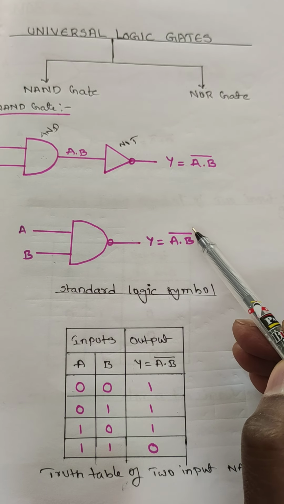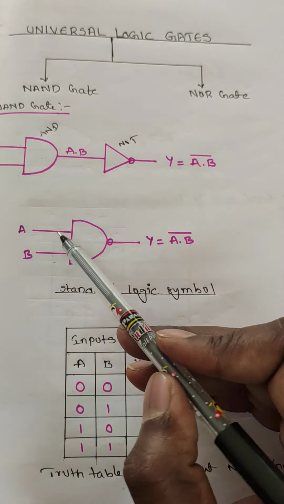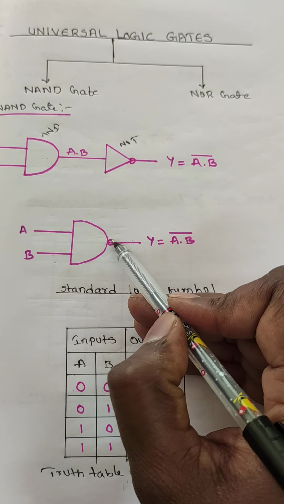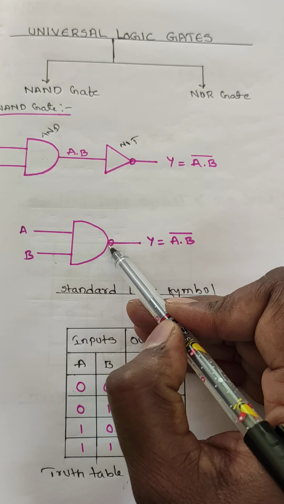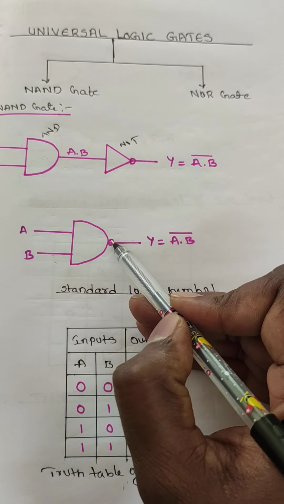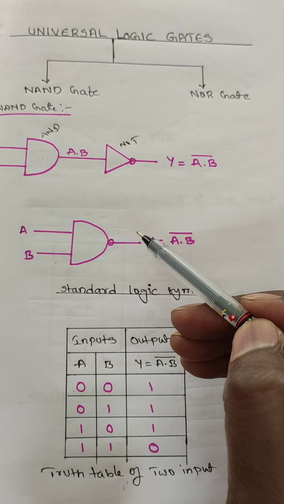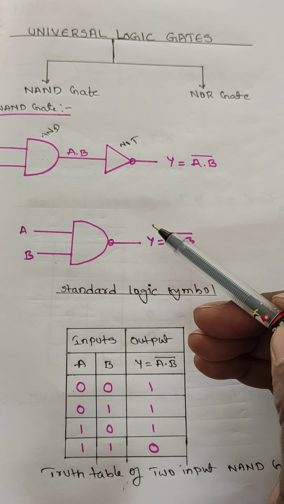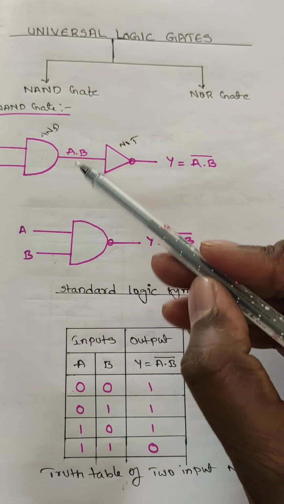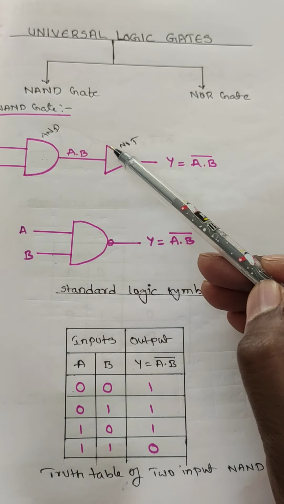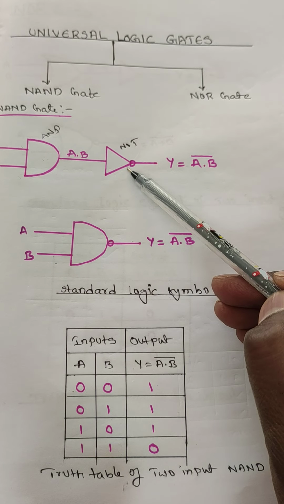The AND gate output will be inverted. Here, to the AND gate one notch will be connected, the notch for the inverting function. This gate is called the NAND gate, nothing but an AND gate followed by a NOT gate.